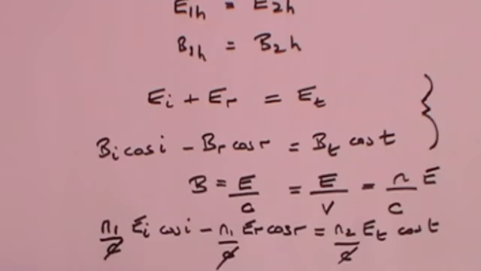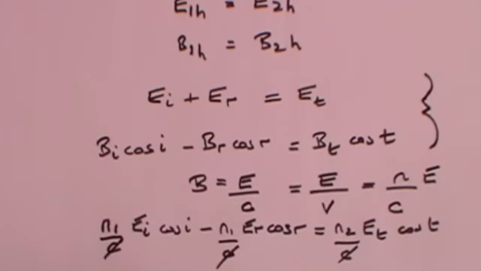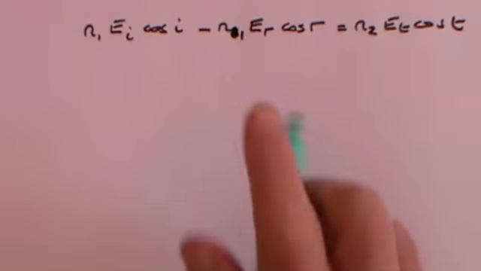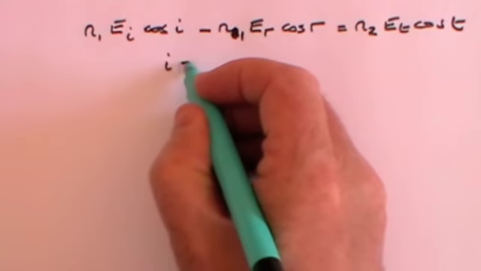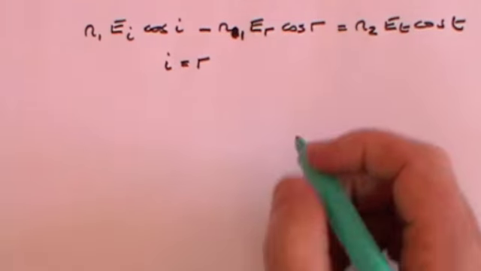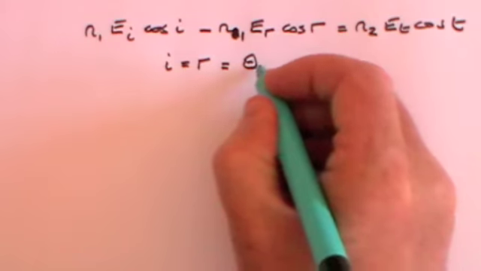So now I'm going to rewrite that equation so that you can see it. So there it is again, N1 EI cos I minus N1 ER cos R equals N2 ET cos T. Now we just need to remember a few things. The first is that the angle of incidence is equal to the angle of reflection, and I'm going to call that theta 1.